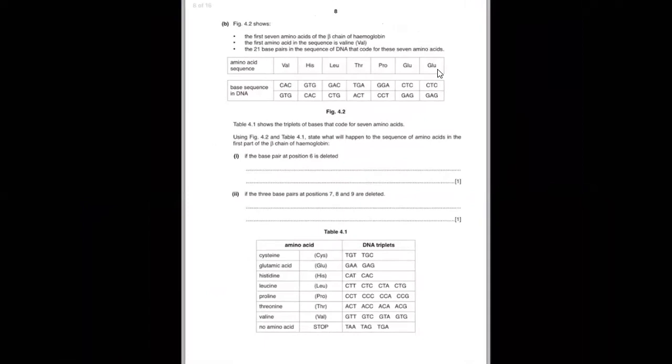Base pair at position 6. Answers to be seen from here. Position 1, position 2, position 3, 4, 5, 6.